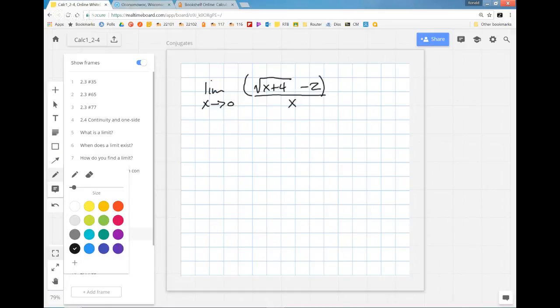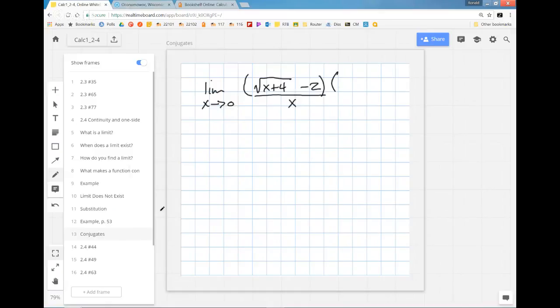And the answer is you can do that by multiplying the top and the bottom by the conjugate. You know, the conjugate, the opposite sign in the binomial for that second number. And of course, I have to do it on the bottom too.